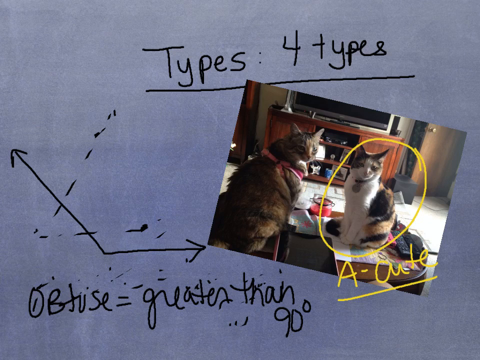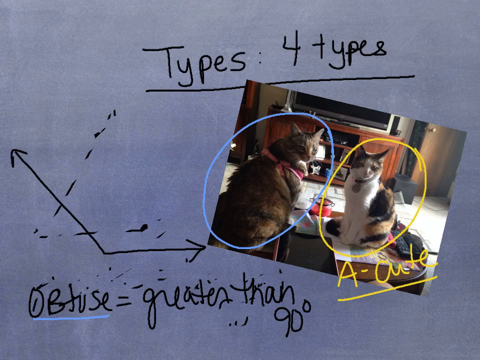Okay, so you can think of that as obese. Obtuse is obese. So here's Jordy right here. Good little Jordy. She's a little bit on the heavy side, a little thicker. And so she's bigger than 90 degrees. Obtuse. There, now you get to meet my cats.